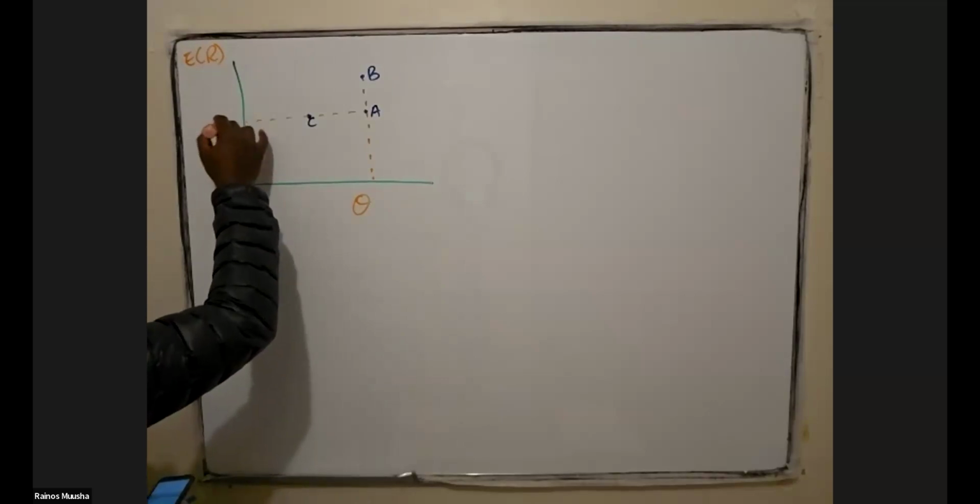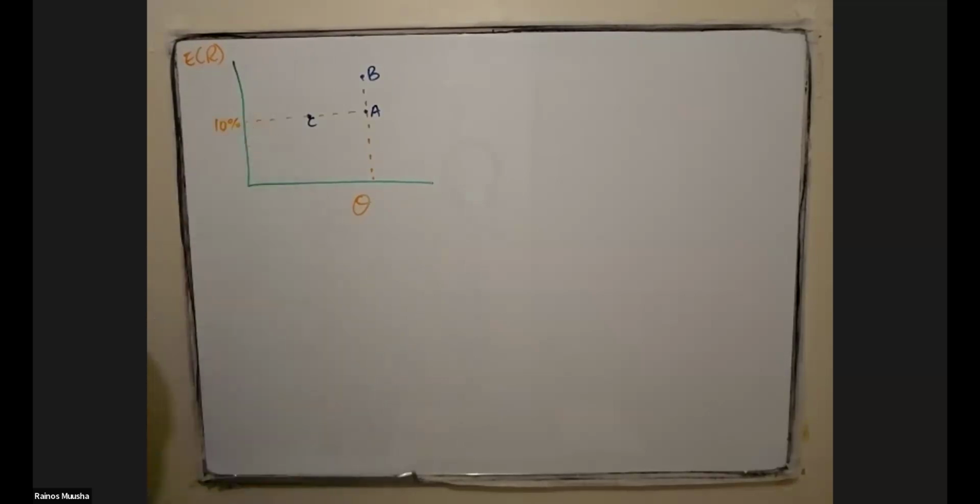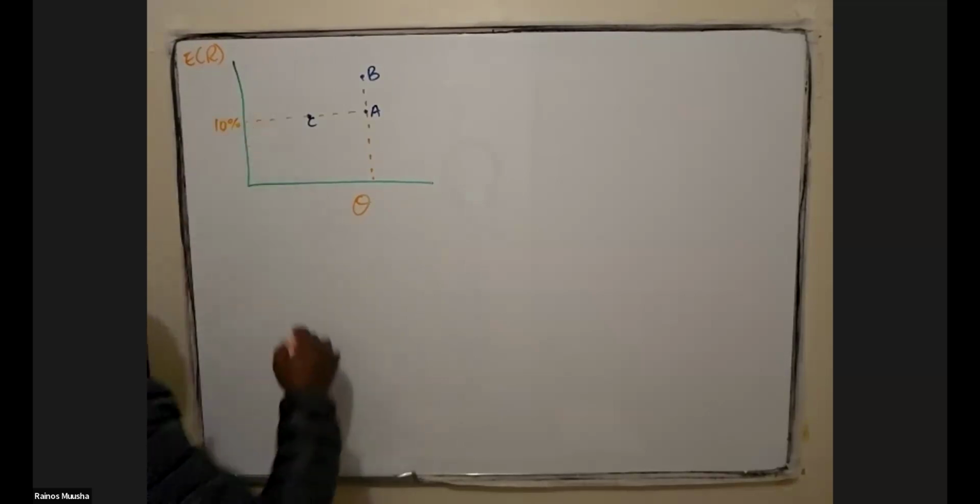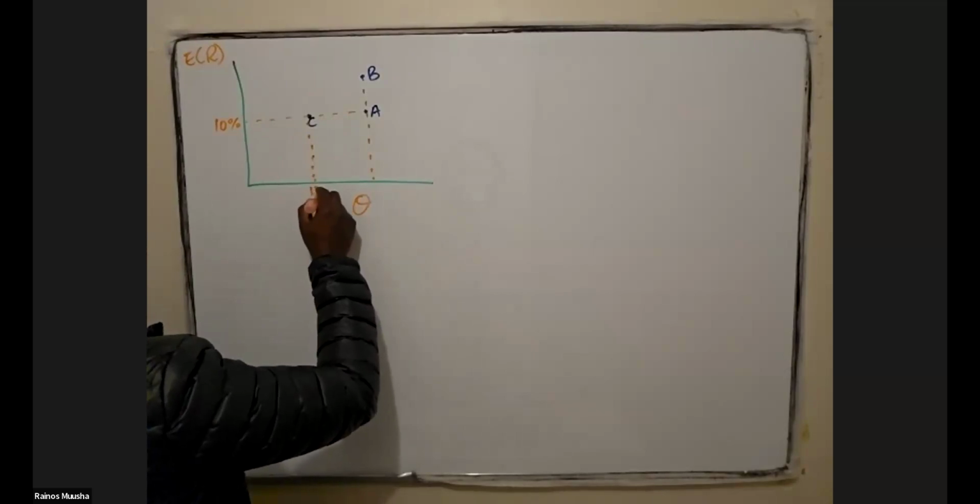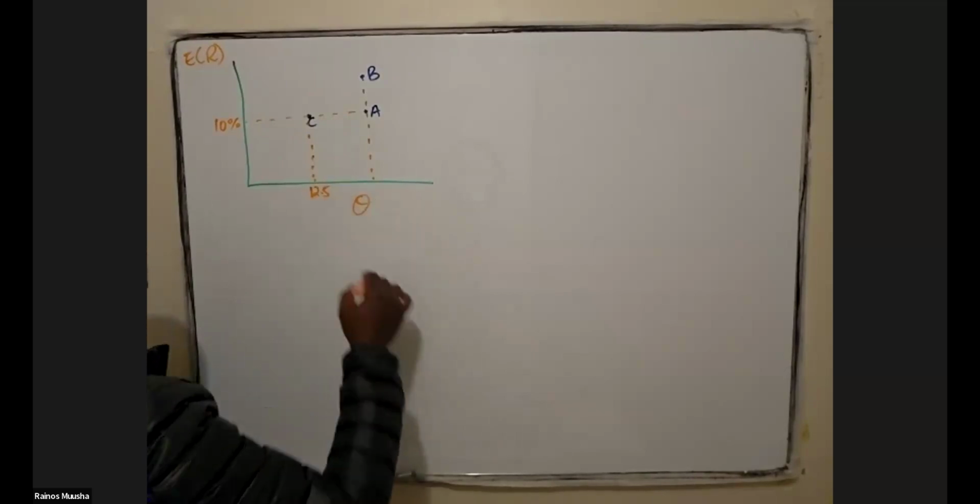So here the return is 10%, and here the standard deviation, let's say it's 12%, and here it's 15%. Then here we have, let's say, for example, an amount of 18%.